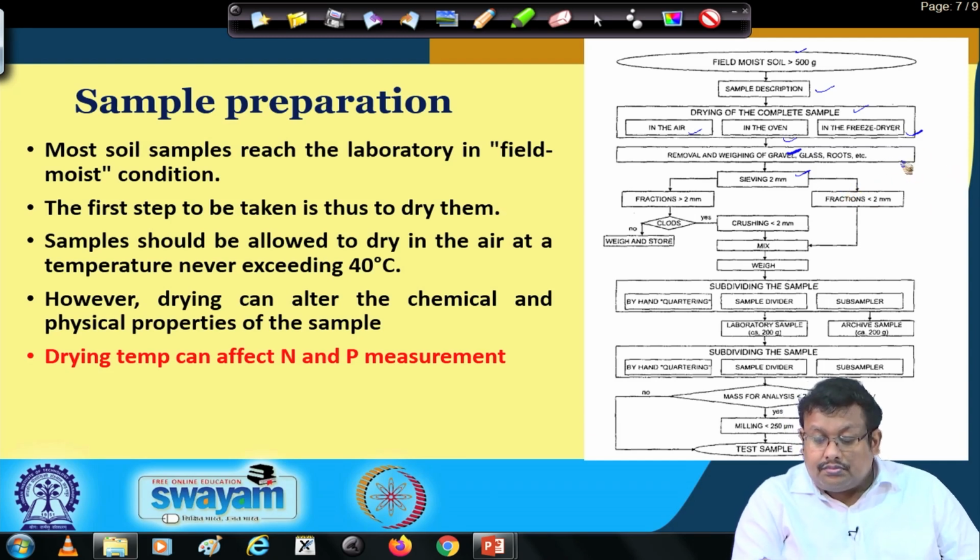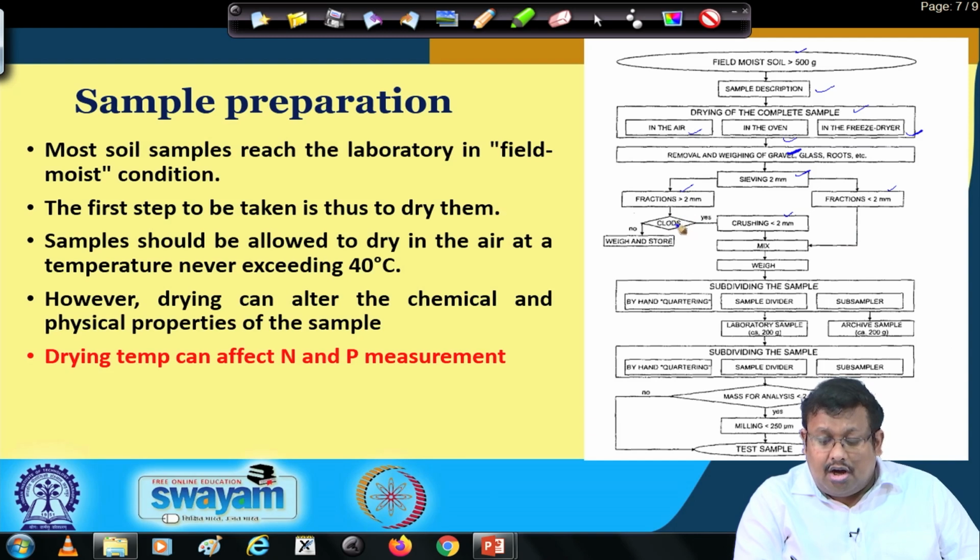After you sieve, you can keep the fractions of more than 2 millimeter and less than 2 millimeter separate, and the fractions which are greater than 2 millimeter you can further crush to less than 2 millimeter by the milling process, and the clods can be further crushed and mixed, and those fractions which are less than 2 millimeter can be mixed well.